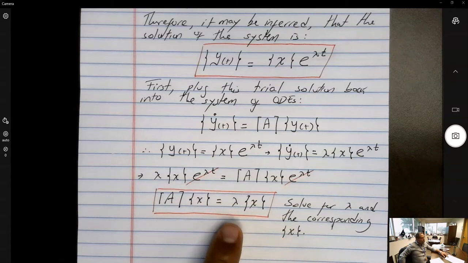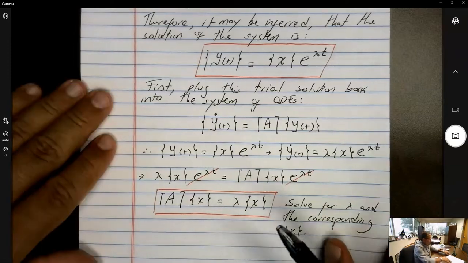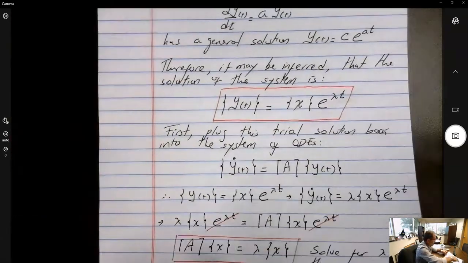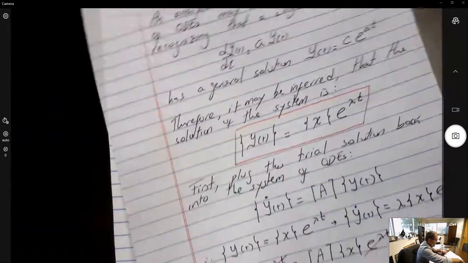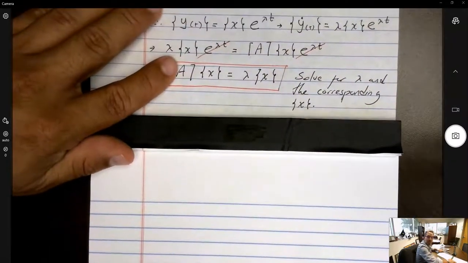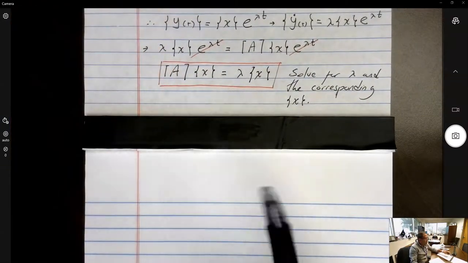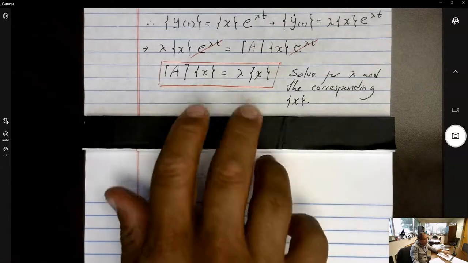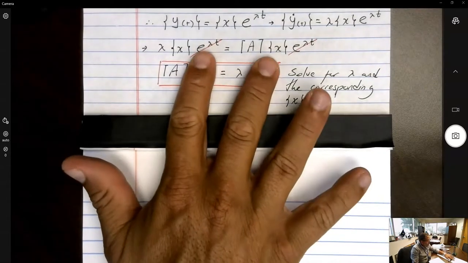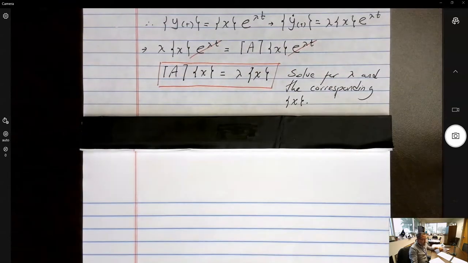So we can rearrange this and turn it into a so-called eigenvalue problem. See how we solve for this seemingly unsolvable problem, or trivial problem nonetheless, because if x is equal to x, obviously, then A has to be equal to lambda, but there's a dimensionality issue there.